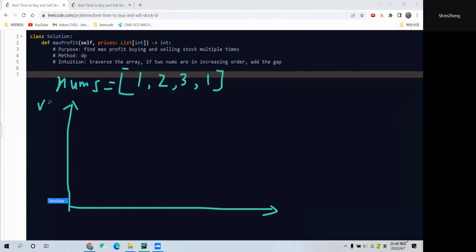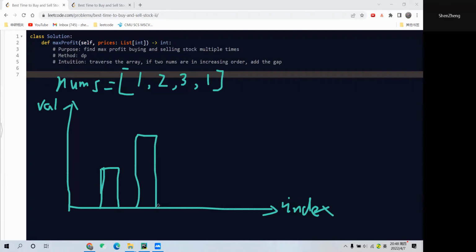So this one is the value, and this one is the index. This 2 should be like this, right? And this 3 should be a higher bar. Finally, we get another one.